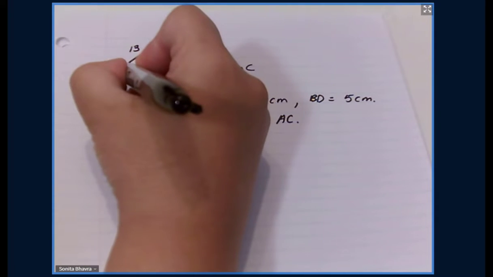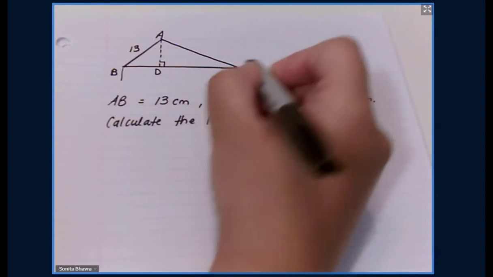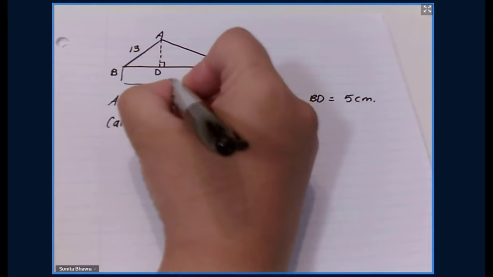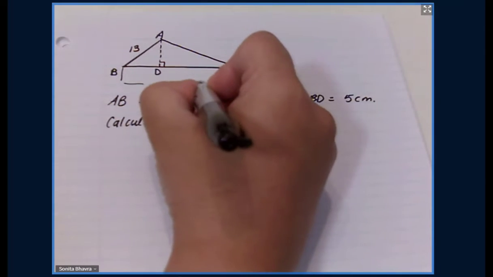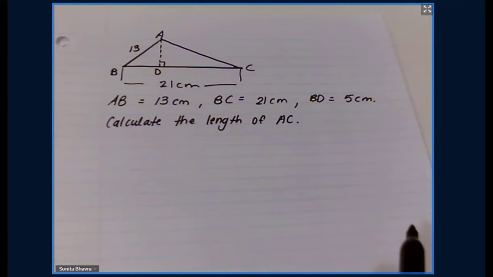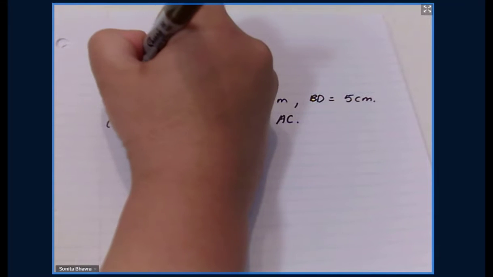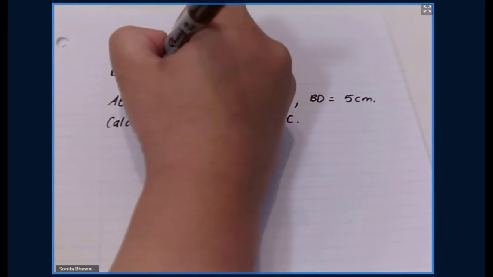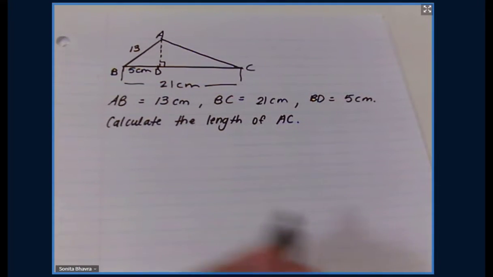So I'm just going to show that from B to C, it is 21 centimeters. But we also know that B to D is 5 centimeters. I'm just going to show that right here. 5 centimeters for B to D. All right, and we need to figure out AC.